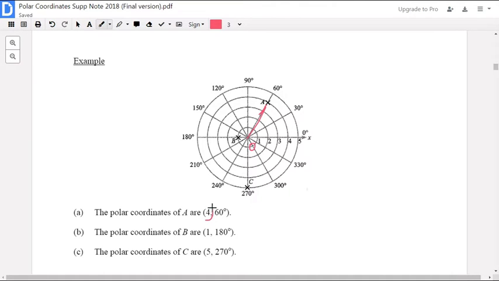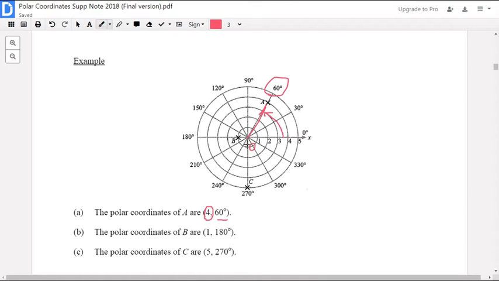So the radius vector is 4, and the angle measured from the horizontal line, that is the polar axis, to the radius vector, measured in the anti-clockwise direction, is 60 degrees. So the polar angle is 60 degrees. And we say the polar coordinates of A are (4, 60 degrees).